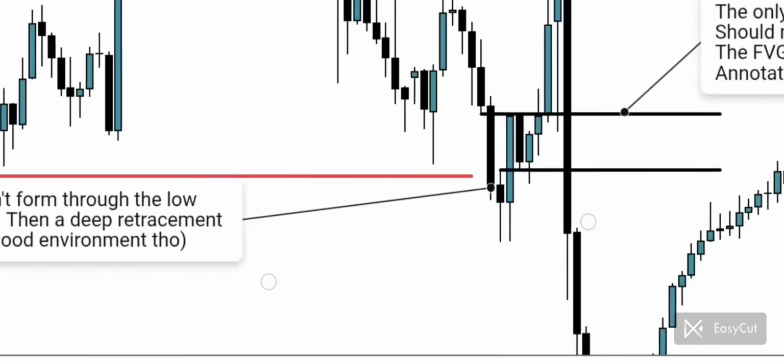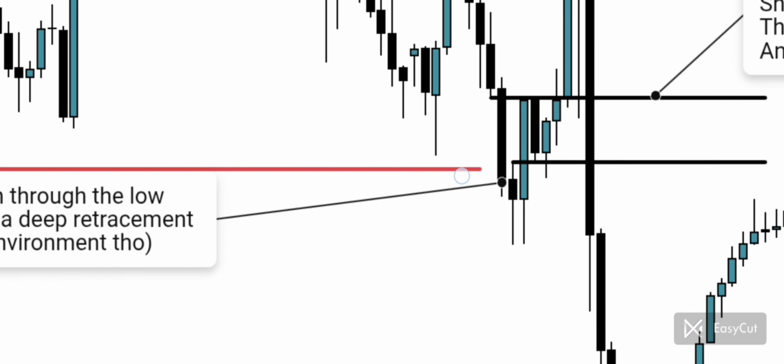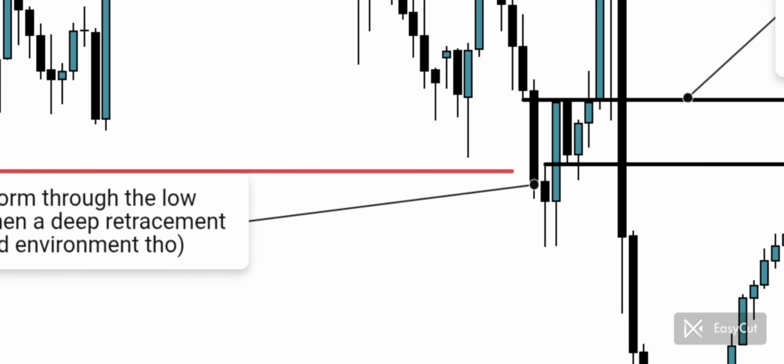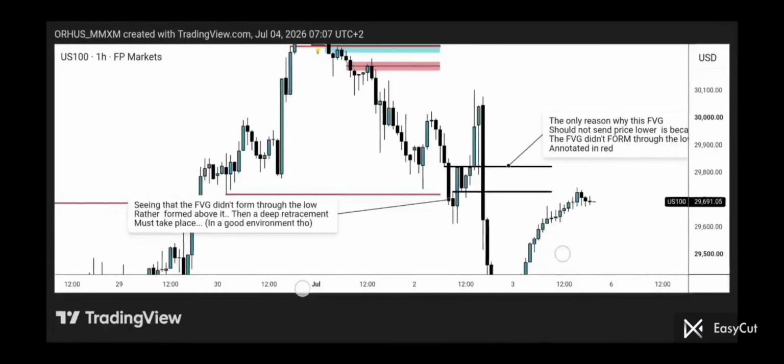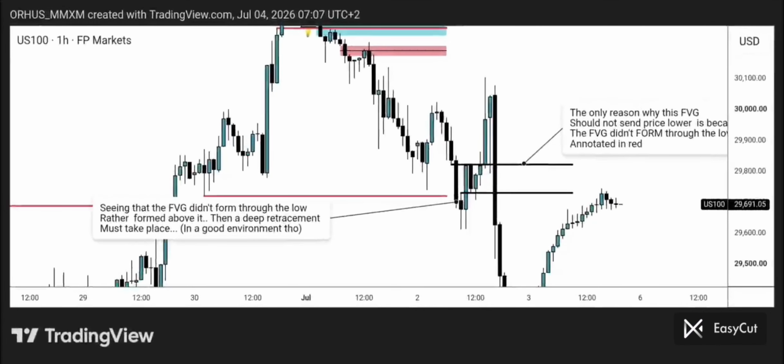As you can see, the fair value gap formed above this low. It didn't form through the low. So when this candle closes, you could expect a deeper retracement should occur from here.